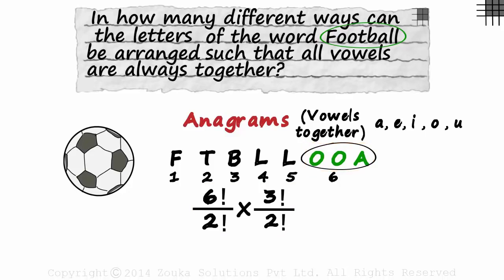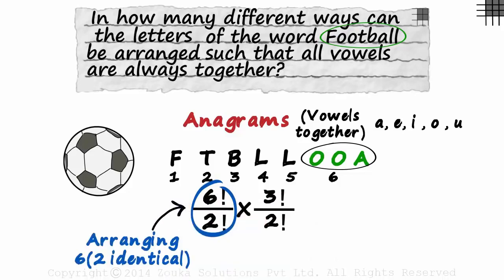Some of us, I'm sure, are still confused. Let's understand this again. This is the first part of our answer. 6 factorial over 2 factorial. This is arranging 6 letters out of which 2 are identical. Hence, 6 factorial divided by 2 factorial. And which were the 6 elements? 1, 2, 3, 4, 5 and 6.